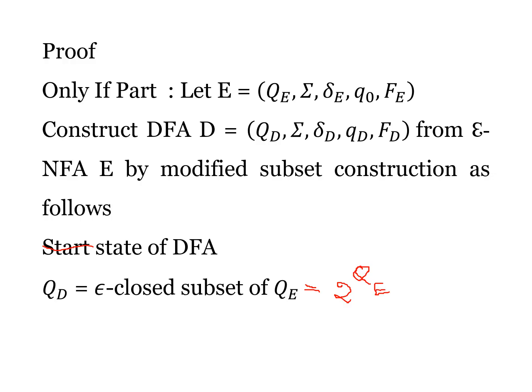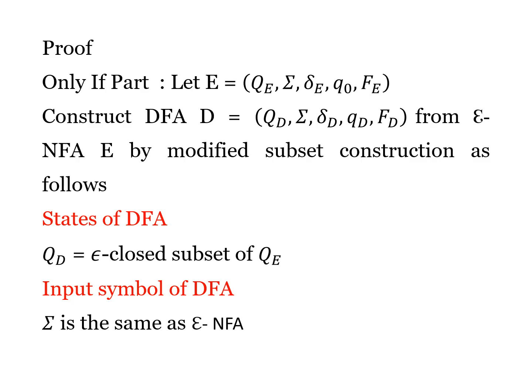Most of the states in 2 power QE will not be states of QD, but some of the states will be there. The difference is that here you take the epsilon closure of the state. So this is how we obtain the states of DFA from the states of your epsilon NFA.